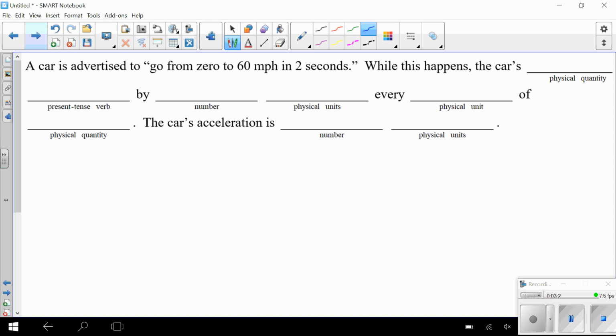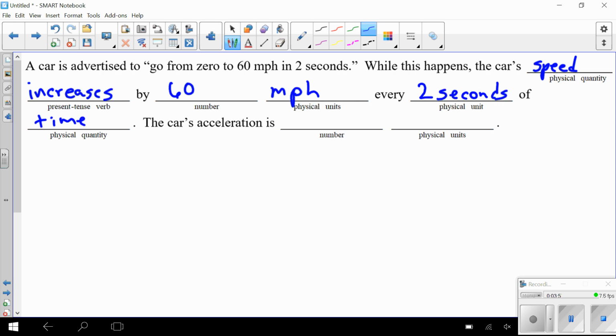It means the car's speed increases by 60 miles per hour every 2 seconds of time.